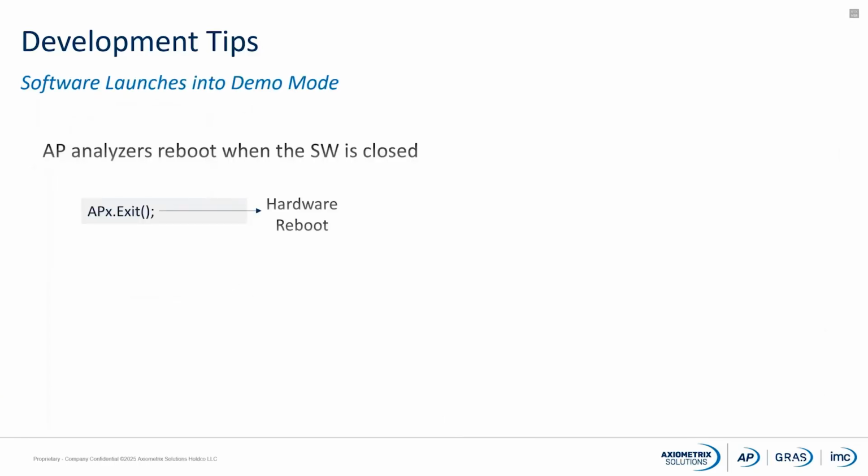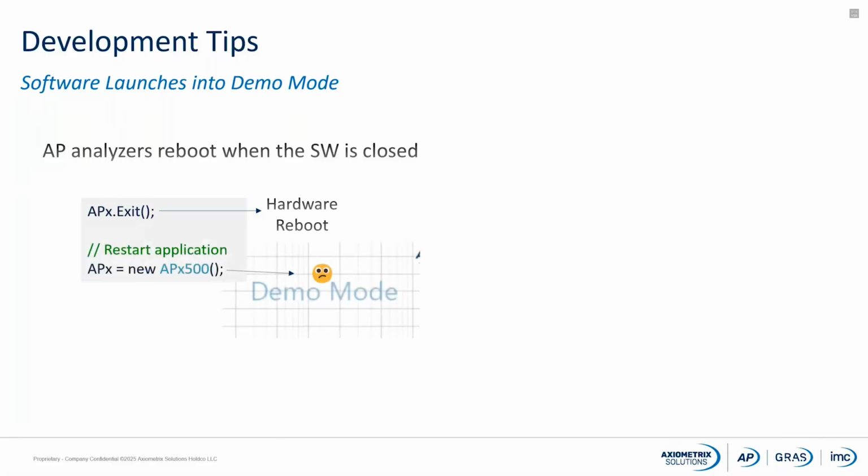Another thing to know is that whenever you exit APx500, your connected analyzer reboots. And if you try to restart the app from the API while it's still rebooting, it will think that no analyzer is connected, and it will launch the software into demo mode.